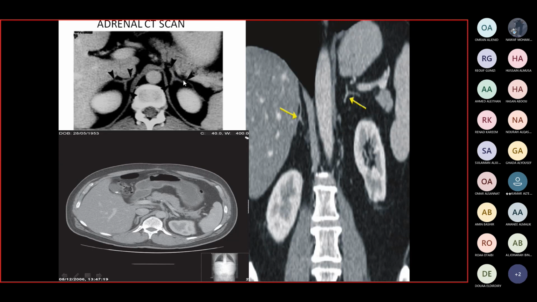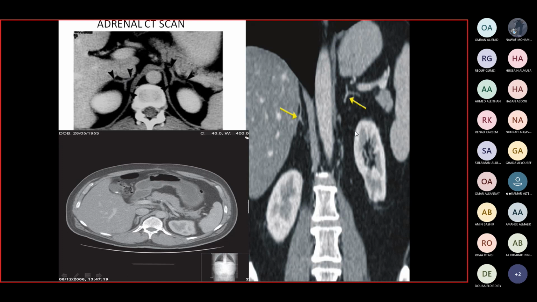It is seen posterior to the pancreas and the splenic vessels, and lateral to the aorta. This is the position of the left and right adrenal glands. Where is the right adrenal? This one. So it's posterior to the IVC. Yes, it is posterior to the IVC.